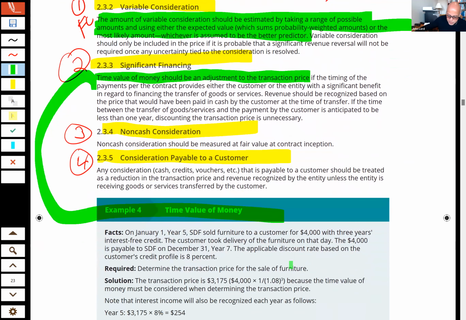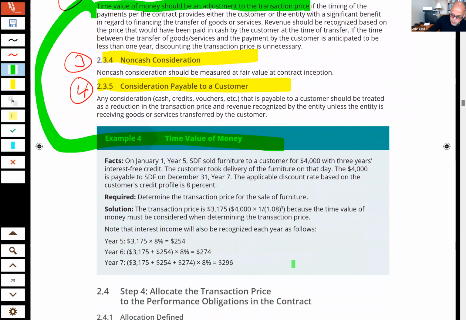They tell us that on January 1st, year 5, this company sold furniture to a customer for $4,000 with 3 years interest-free credit, okay? And I always laugh when they say interest-free for 3 years or whatever, and I always think to myself, well, what would happen if you offered them to pay the amount up front in cash today?